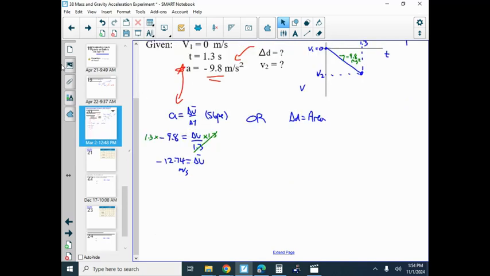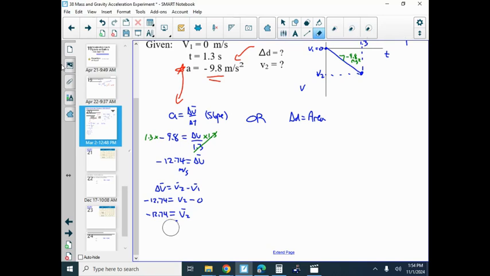Anyways, so delta V is that. And so, of course, we can get V2, like delta V equals V2 minus V1. And so we have our final velocity we want to calculate, and our initial velocity was 0. And so, obviously, our final velocity really is just that, right? V2 equals negative 12.74 meters per second.